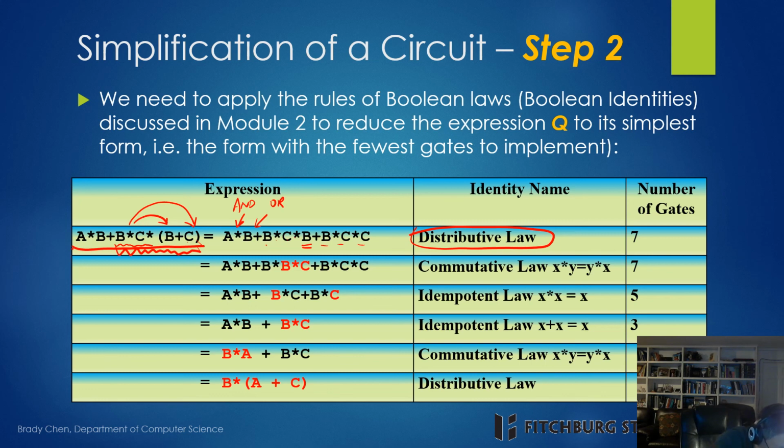So let's count the number of operators here. 1, 2, 3, 4, 5, 6, 7. So we have 7 operators. We have 5 AND gates and 2 OR gates. So we have a total of 7.